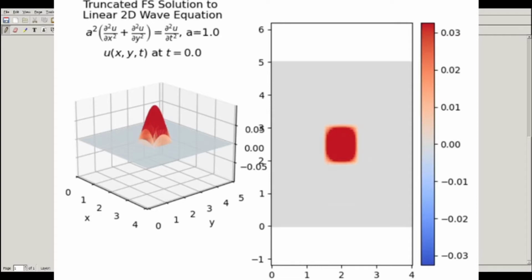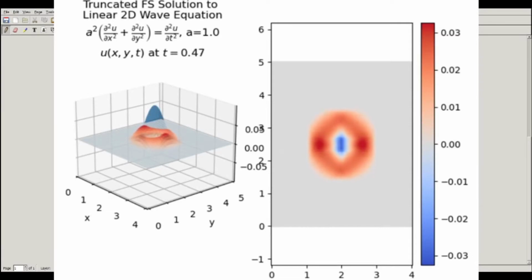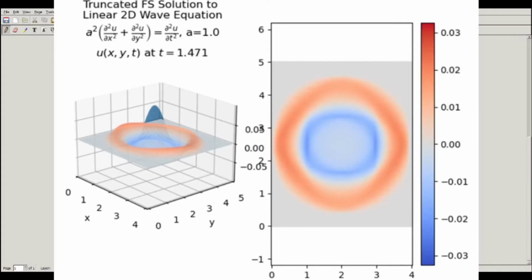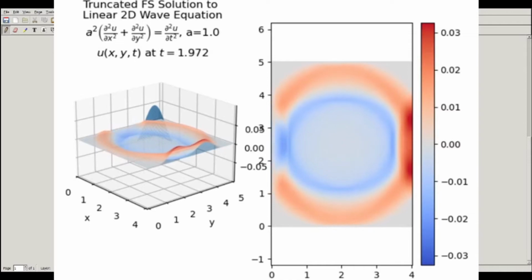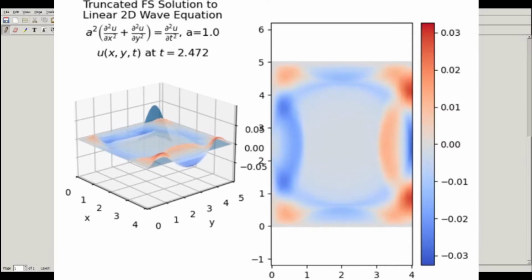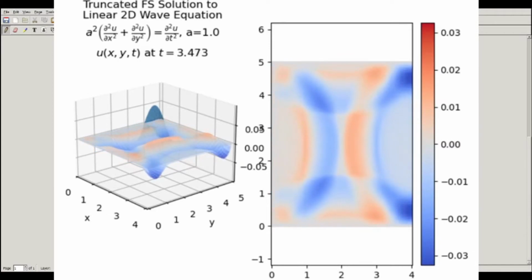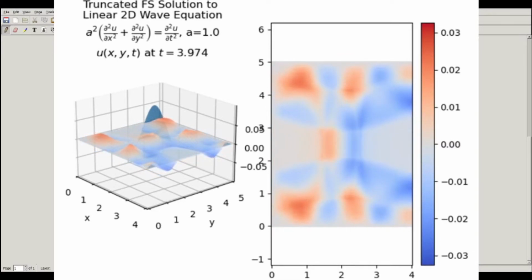So one of the boundaries, the rightmost in this picture, is free to move up and down, but the other boundaries are fixed. And here you can see the resulting wave propagation and also the correct boundary movement of this membrane. You can think of this almost like a drum head.